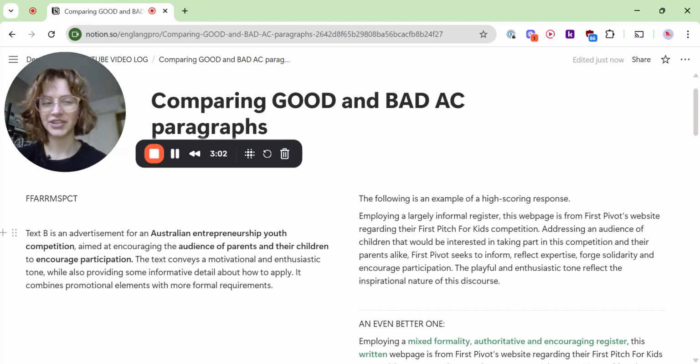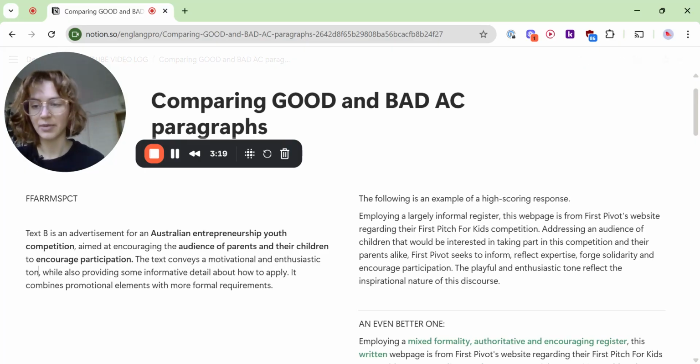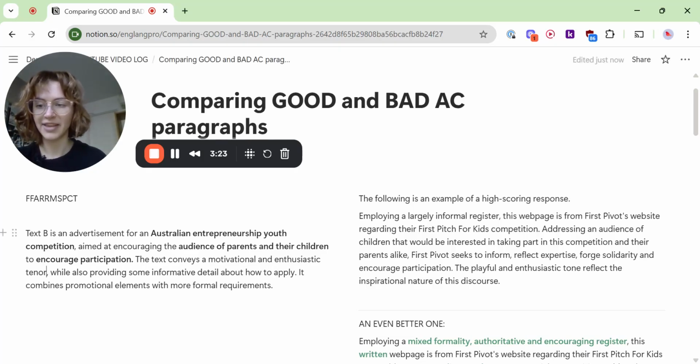It's actually not that difficult to modify your AC a little bit to use the word tenor instead, where tenor means the relationship of participants. So you can say a motivational and enthusiastic tenor. That would actually be fine. That also ticks off the T in FARMS SPCT, while also providing some informative detail about how to apply.